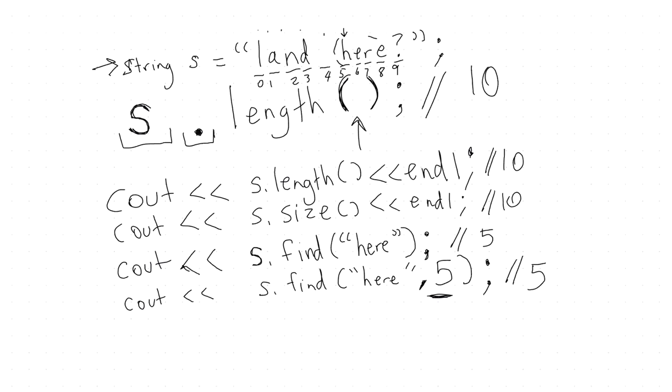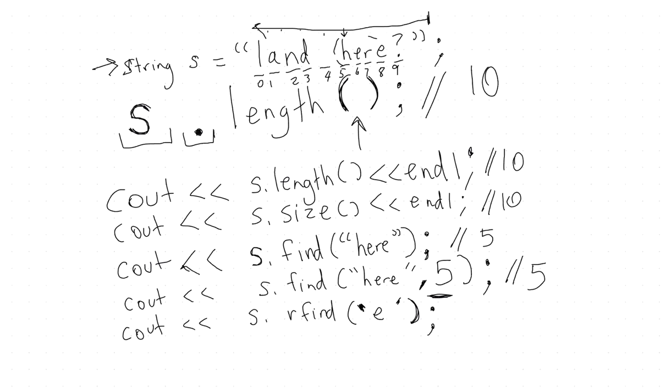You have a similar string method called s.rfind. Let's say I instead want to find E. rfind will start from the end of the string and go from the back of the string forward.